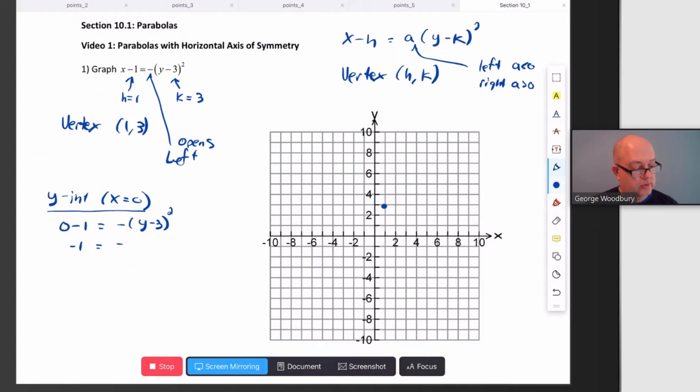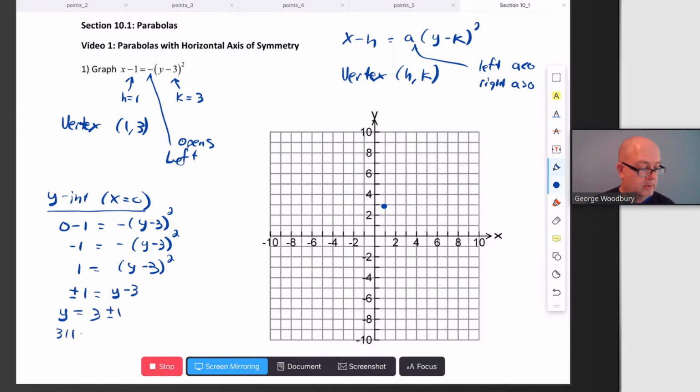Negative 1 equals negative the quantity y minus 3 squared. Multiply through by negative 1 to change the signs. 1 equals y minus 3 squared. Now we can take the square root of both sides. Square root of 1 is 1, so plus or minus 1 equals the square root of that binomial squared, which is just that binomial, y minus 3. So y equals 3 plus or minus 1.